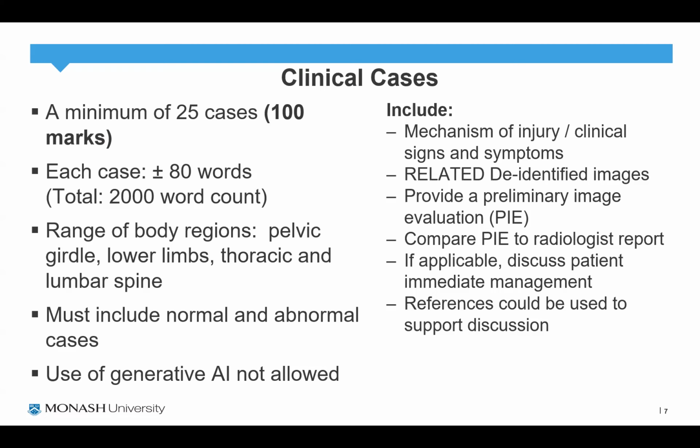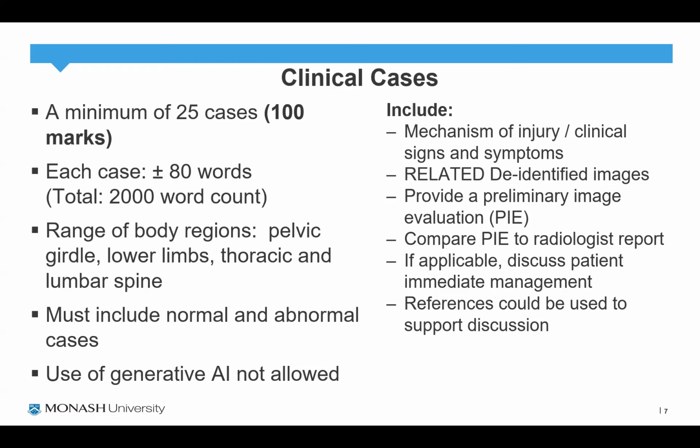I've seen students struggle when they have 2 different body regions trying to do it in the same case. They get tripped up because the pelvis might be normal and then the lumbar spine might be abnormal, and now they don't know how to assign, because if you write it up as 1 case, it will still be equal to 1 mark. So if you've got 2 body parts that have been x-rayed at the same time, I would suggest you write them up as 2 separate cases.